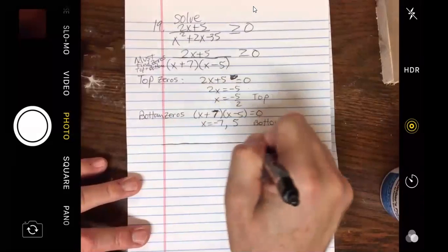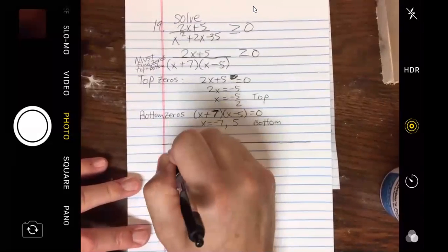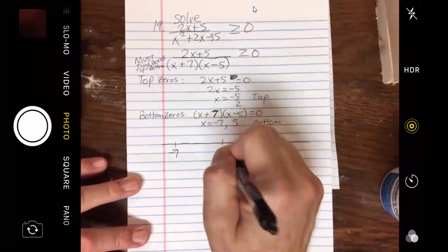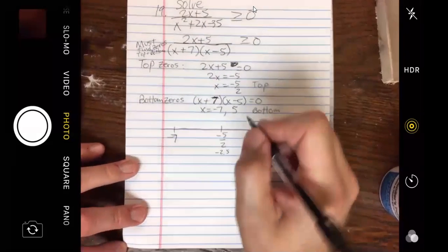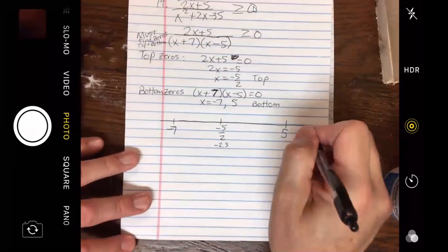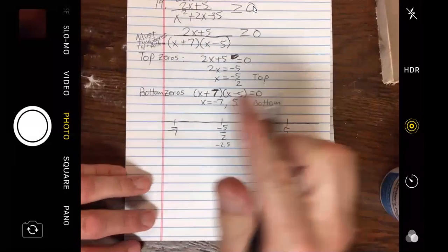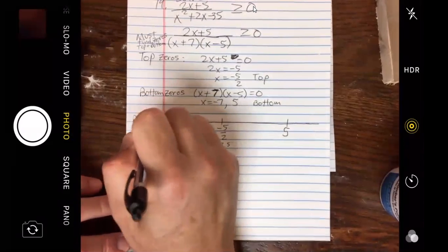Spread this out. -7 comes first. -5/2, that's -2.5, would then come before 5. You want to put on your circles. This is where it gets technical.